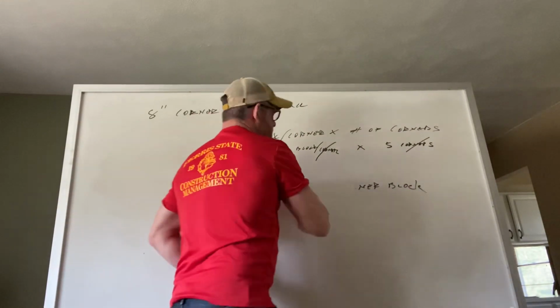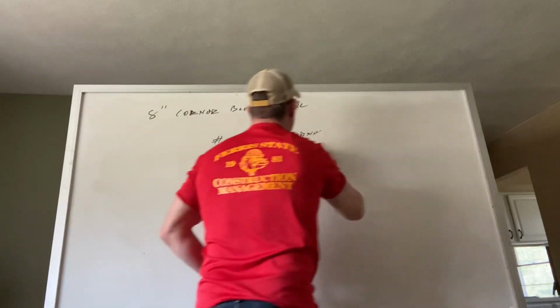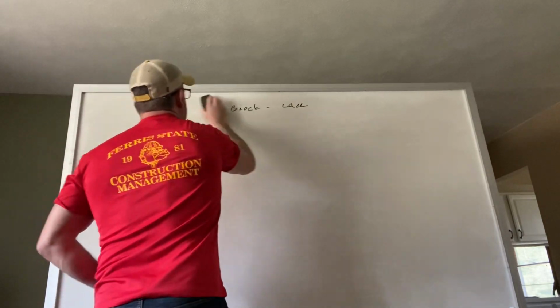Okay, so again, looking at our list, what's our next item? Our next item is 8-inch bond beam block. All right, so what did we say? We said a bond beam is a system that continues all the way around the perimeter of the building. It's part of my overall reinforcing.